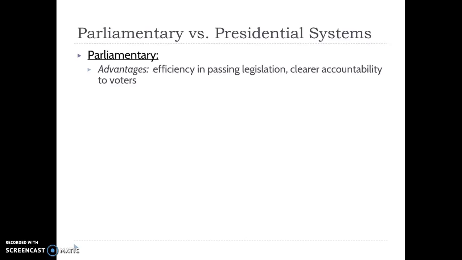And in this system, there's clear accountability to voters, because you can look at the specific members of the legislative body who crafted the policy, both as a member of the cabinet and as a functioning member of the legislative body.